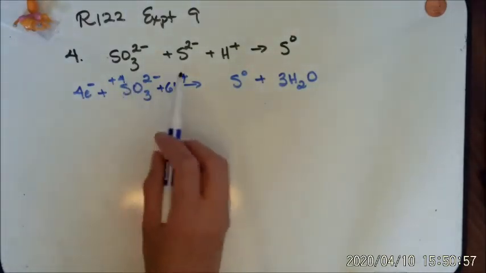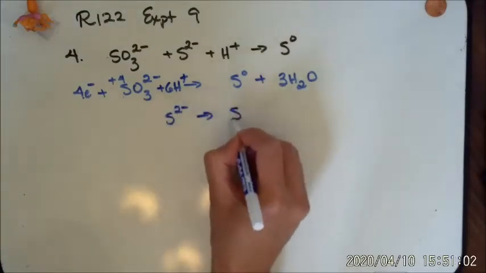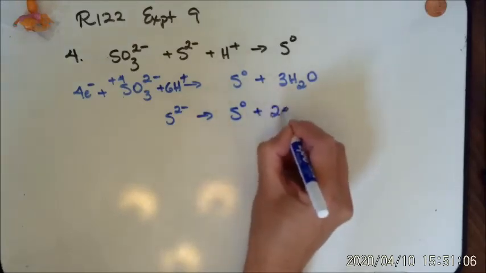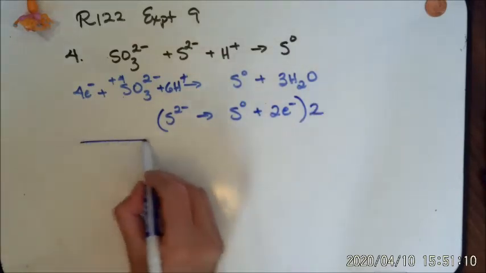Okay, now let's take a look at sulfide. So this is +2 electrons. I need a 2 here.